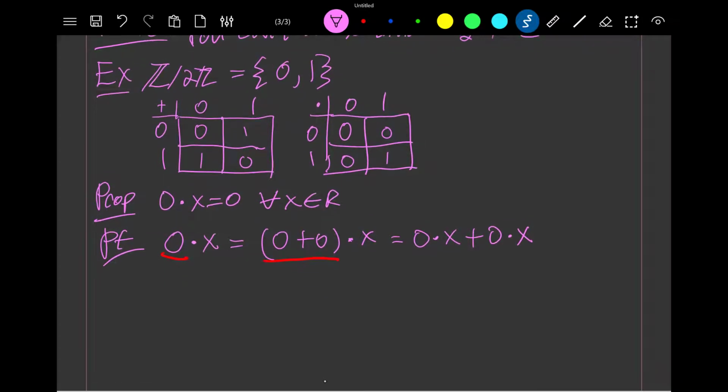Now we can add the additive inverse of 0 times x, so basically we're subtracting 0 times x from both sides. This gives you 0 is equal to 0 times x. So we just showed that 0 times anything is 0, always.